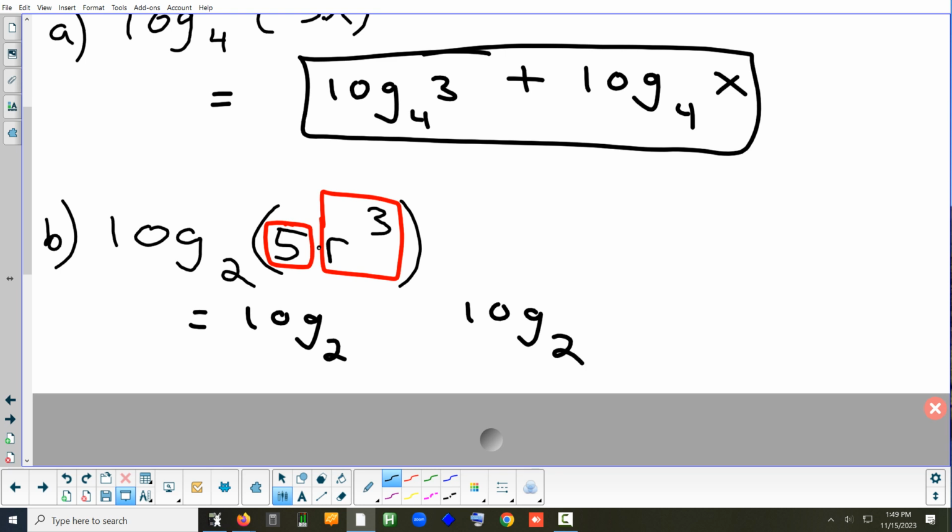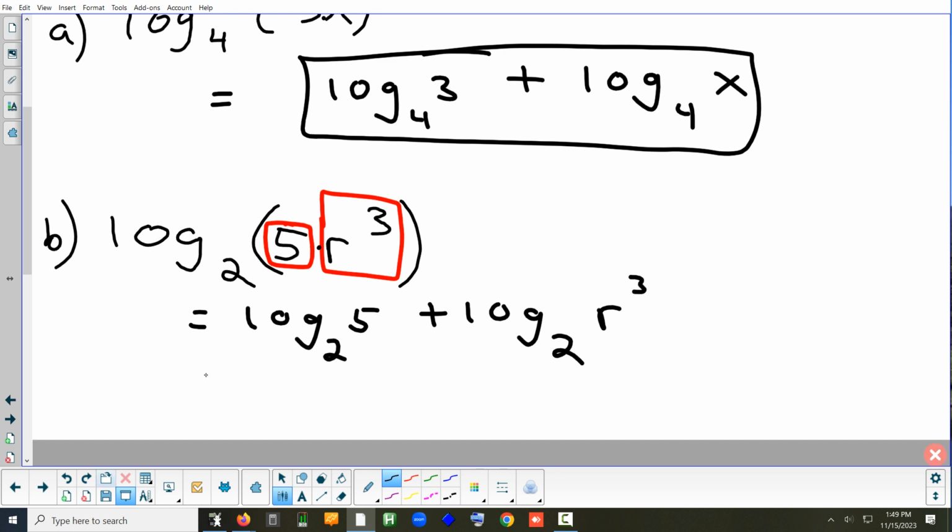And the original problem had multiplication. Multiplication turns into addition. What's my first argument? 5. And we're going to leave it for now, but what's my second argument? R to the power of 3. Now, it said not to leave exponents. So what are we going to do with that 3?